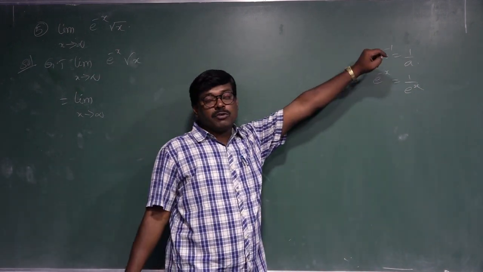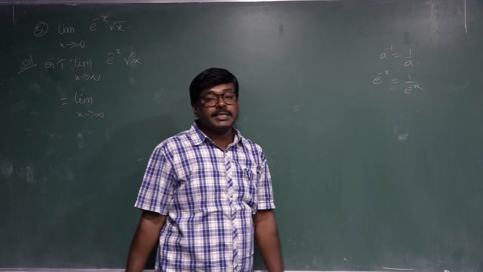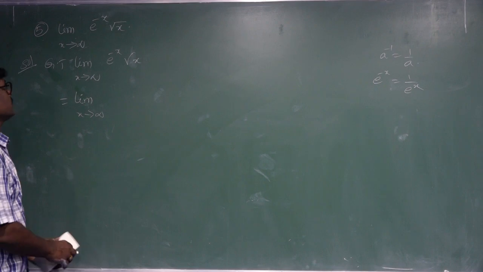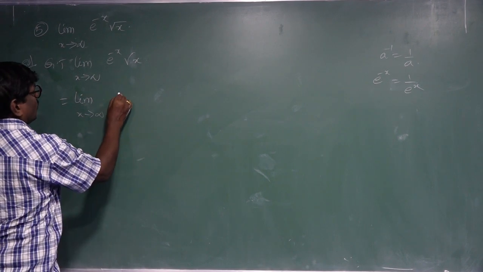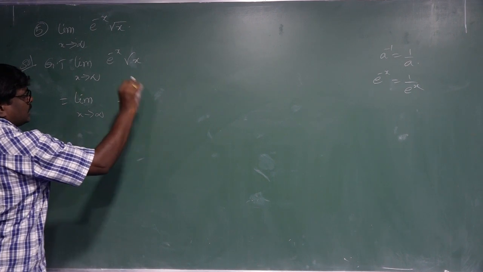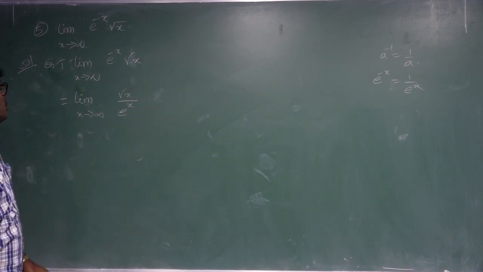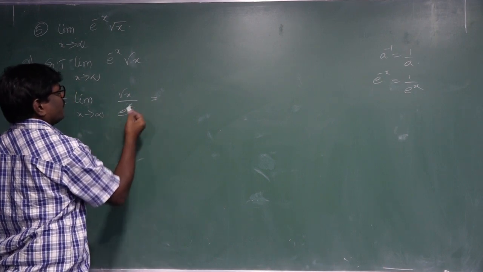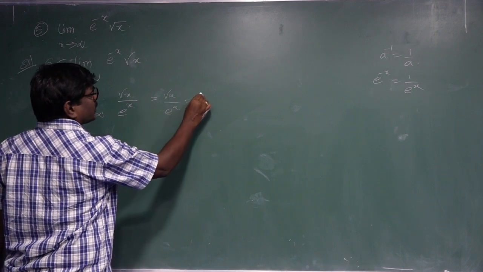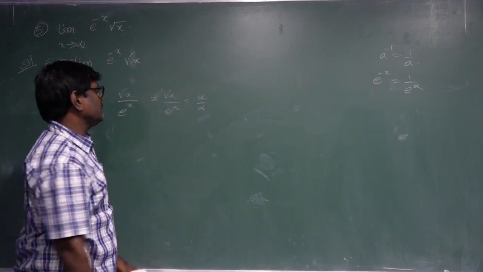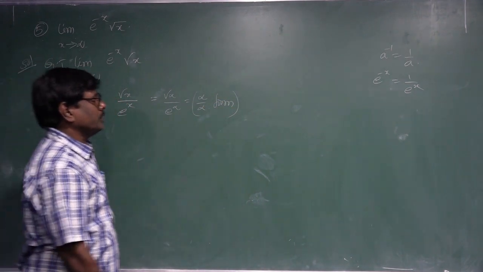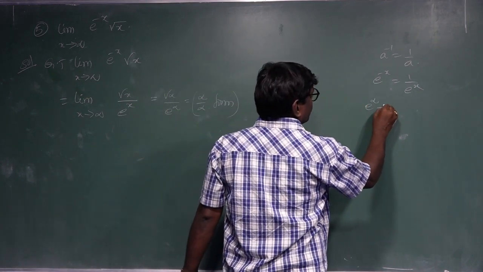This gives √x/e^x. Directly substituting gives infinity by infinity, which is an indeterminate form.